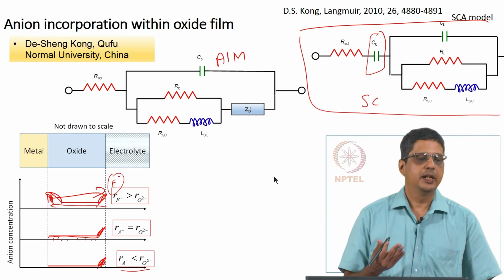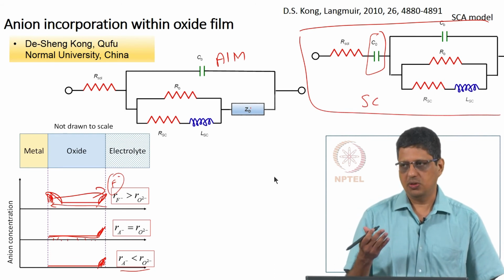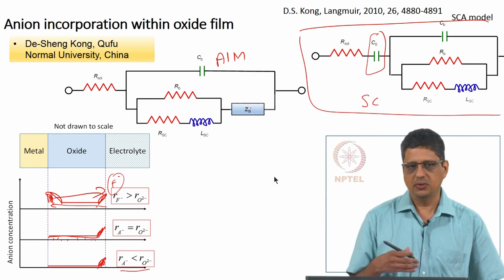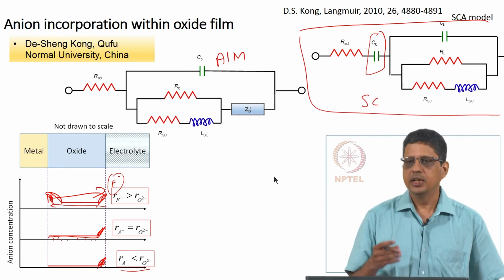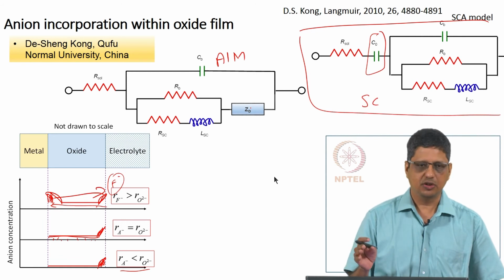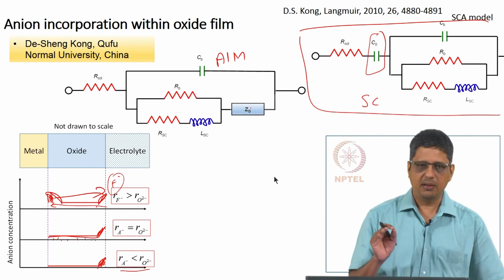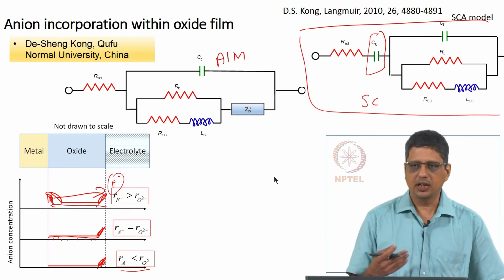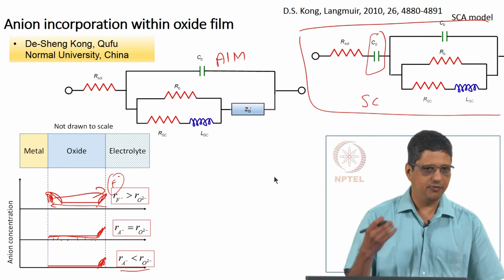See, impedance spectroscopy gives you an idea about the system, but it does not tell you everything about the system. You will have to use other tools to augment this information. It is like saying if you do UV visible spectroscopy, if I tell you at 500 nanometer wavelength you have 0.3 absorbance, you can't tell anything about it. It can come from an inorganic salt, it can come from an organic dye.